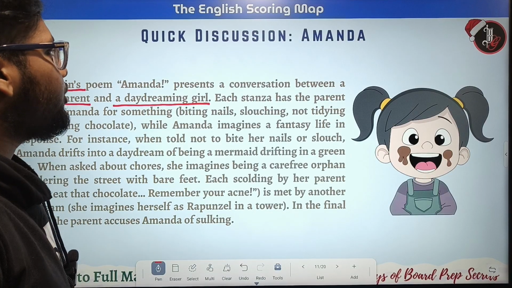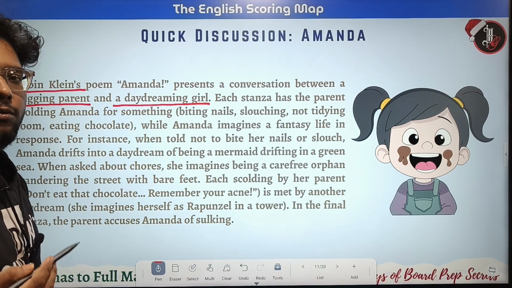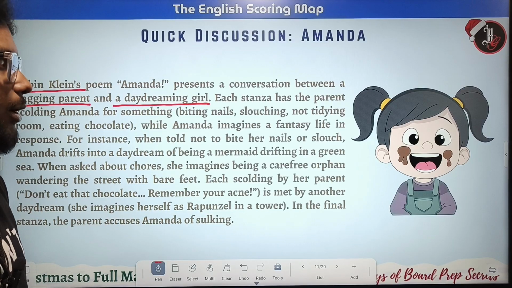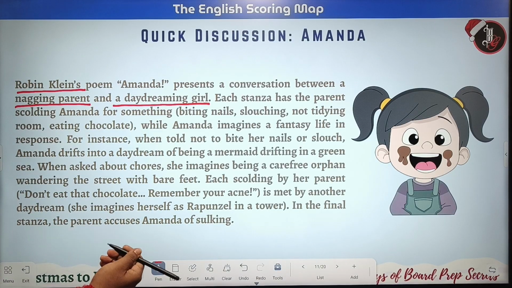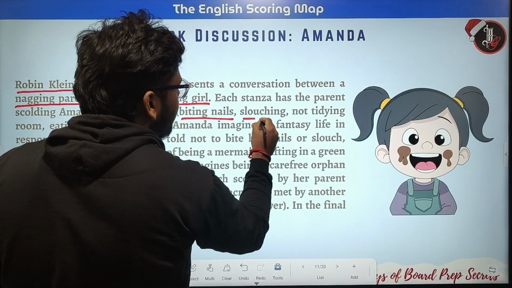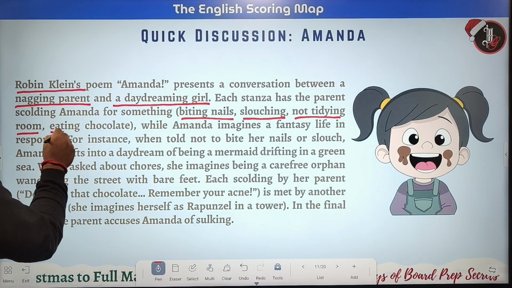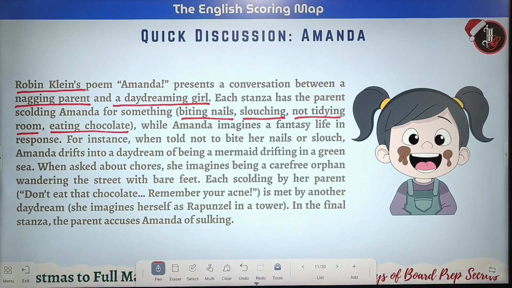Each stanza has the parent scolding Amanda for something. The parents are basically scolding Amanda every single time, whatever she was doing. It can be a very petty issue like biting nails, slouching, not tidying her room, eating chocolates, and so on.